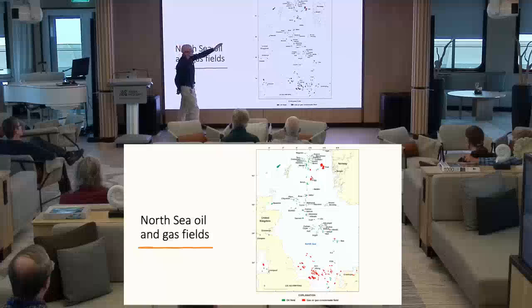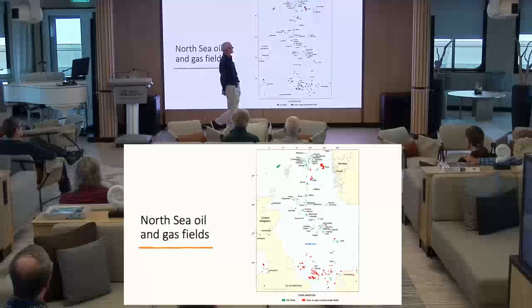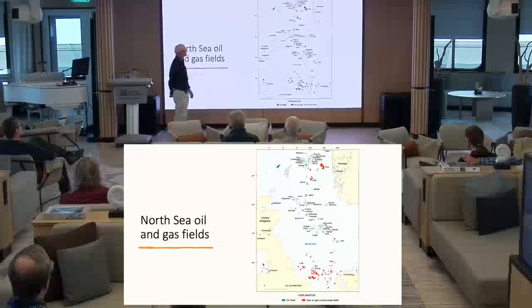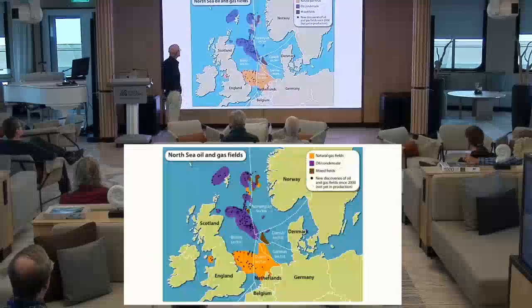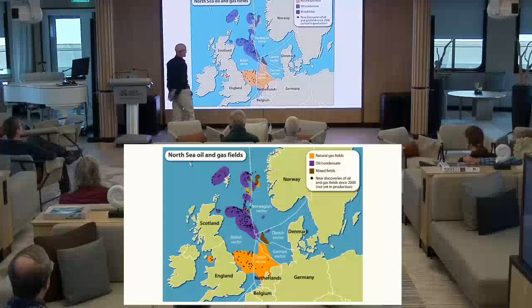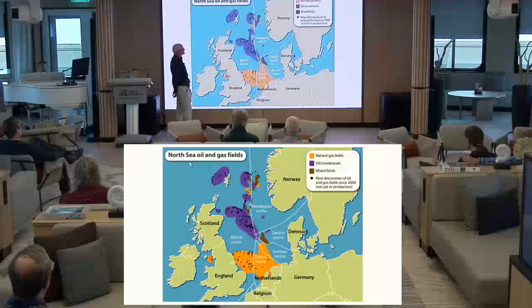But that gives you an idea of the oil fields and the gas fields of the North Sea. And the reason I connect the two with nationhood and states is hopefully going to become clear, because as ever, if we follow the money, we start to understand the politics. So this is natural gas and oil fields in the North Sea divided by nations, if you like.